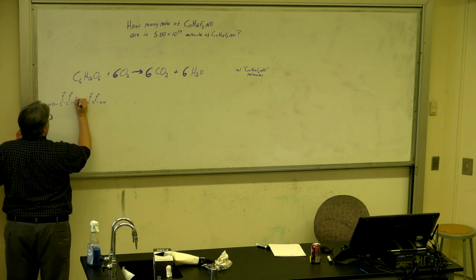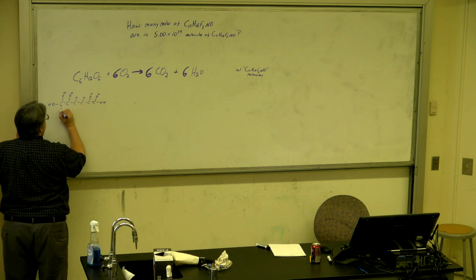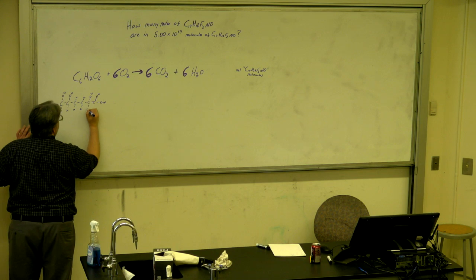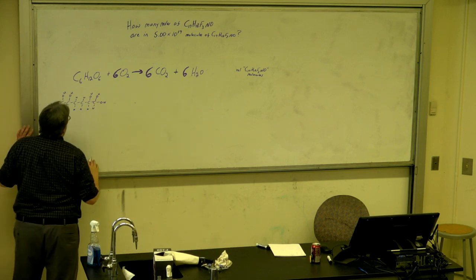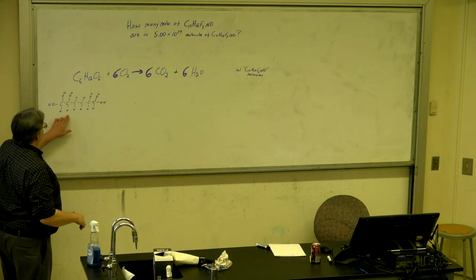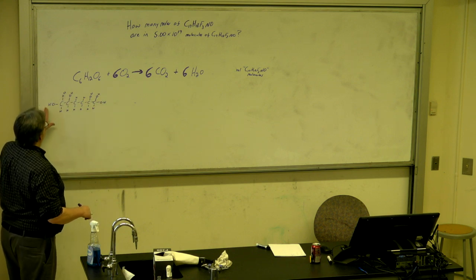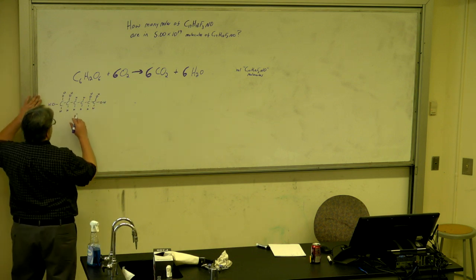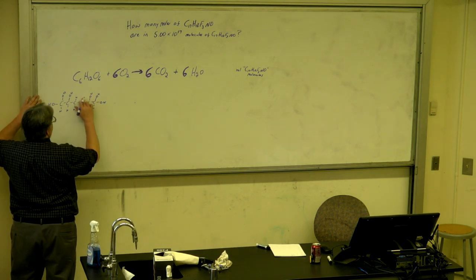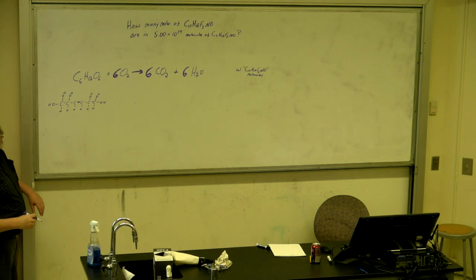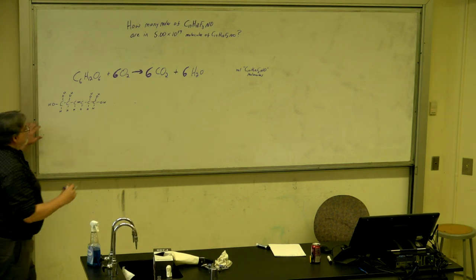O to H. I think I did that right. 1, 2, 3, 4, 5, 6, 7, 8, 9, 10, 11, 12, 13, 14 of those. So let me just put a double bond here. I'm kind of ignoring the details here, but all right, let's say that's this big molecule.